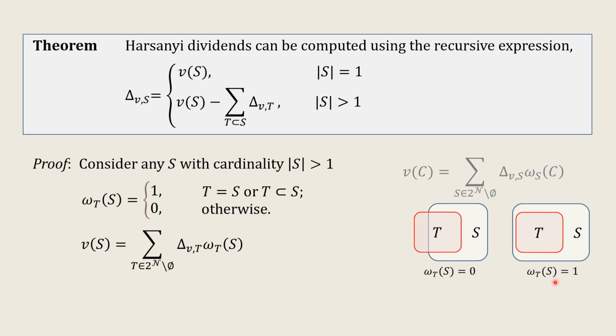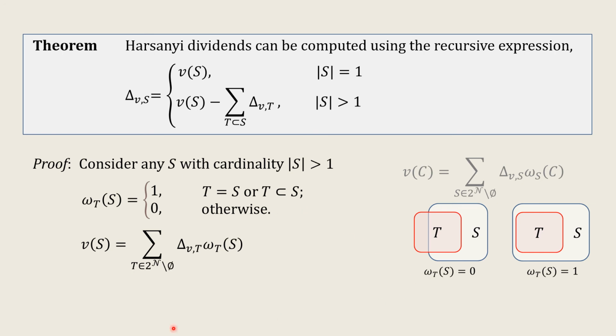Omega t of S is equal to 1 when t is contained in S. And this t equals S, I don't have a third picture here, but that's when t and S overlap, t equals S. So anyways, omega t of S is equal to 1 in these cases, and for all other cases, omega t of S is 0.